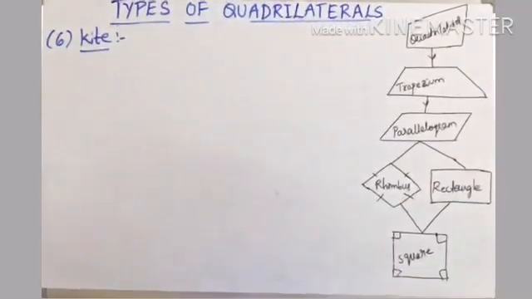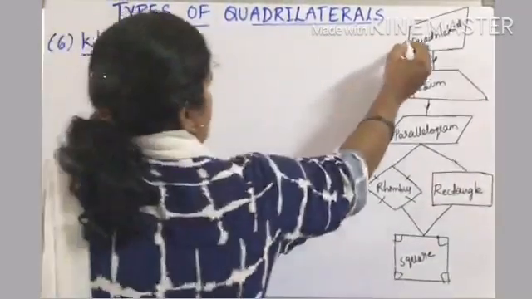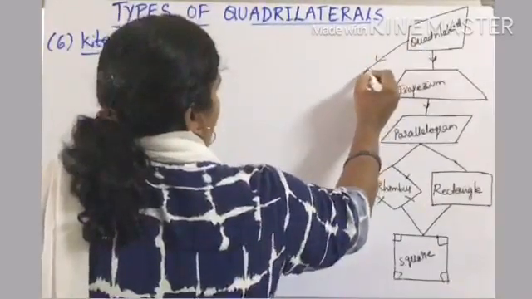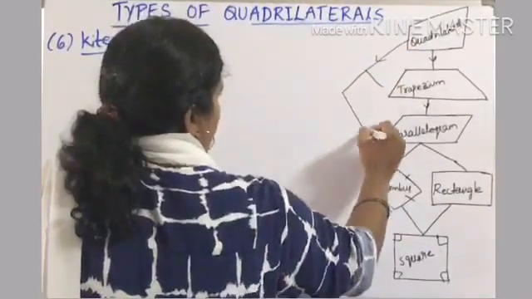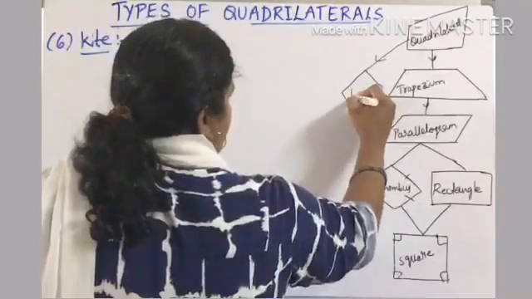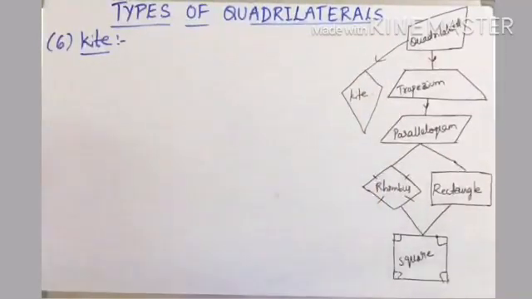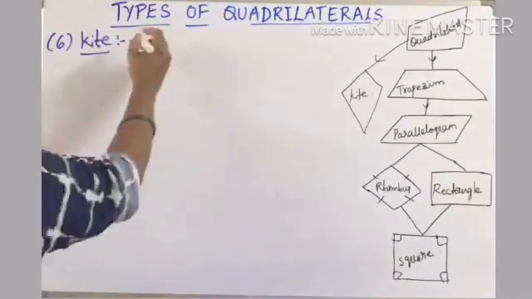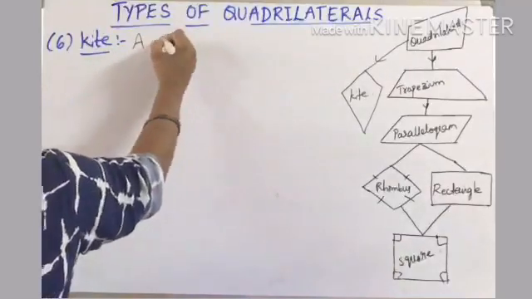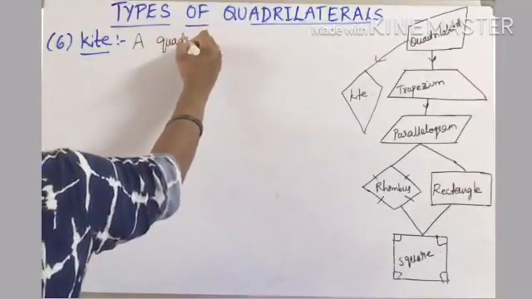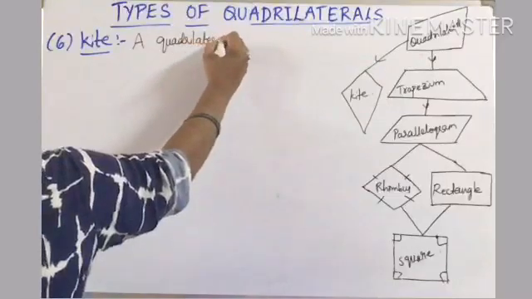Next one, kite. See, kite is derived from a quadrilateral. So this is the shape of a kite. So definition of kite is a quadrilateral with adjacent sides equal. One pair of adjacent sides are equal, or consecutive also you can say.